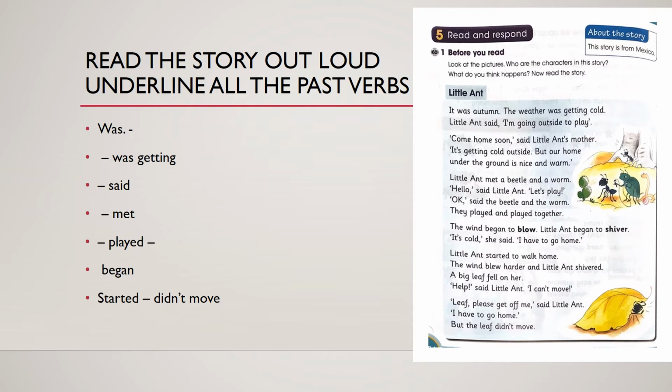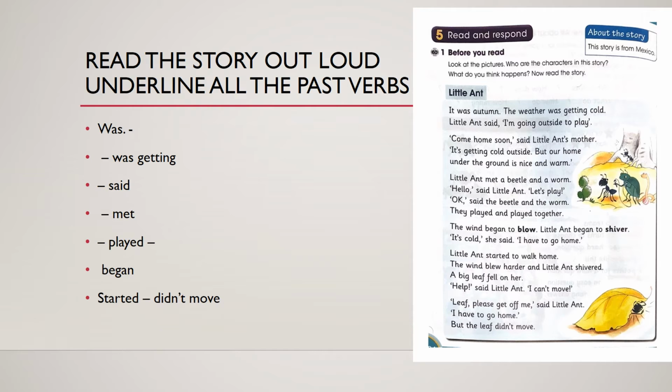At the left hand side of this slide, you're going to find some past verbs which you have to look for in the story and then circle them or draw a line under them. Now, what is a verb? A verb is a word that is used to describe an action.